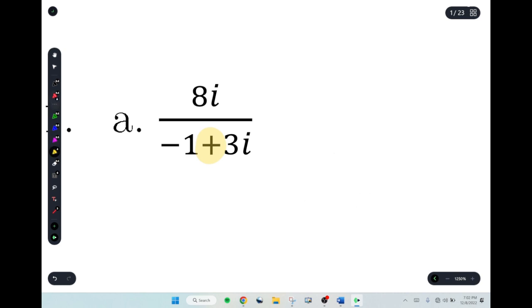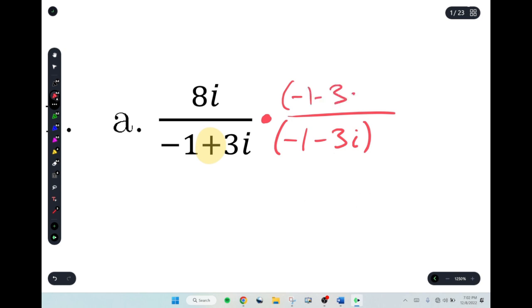So you're going to multiply by negative 1 minus 3i. And if you do it on the bottom, you're going to do it on the top too. And that's it. You're done. Well, not with the math part, but with the knowing what to do part. The rest of it just follows from doing good little math manipulation.